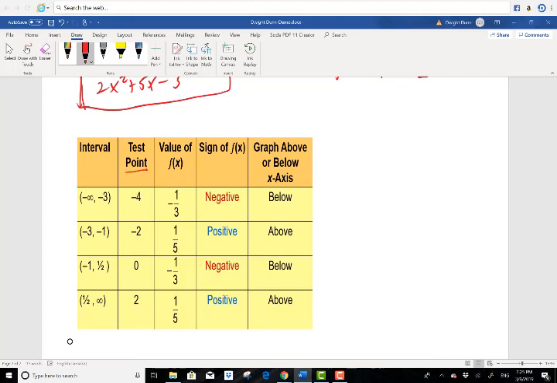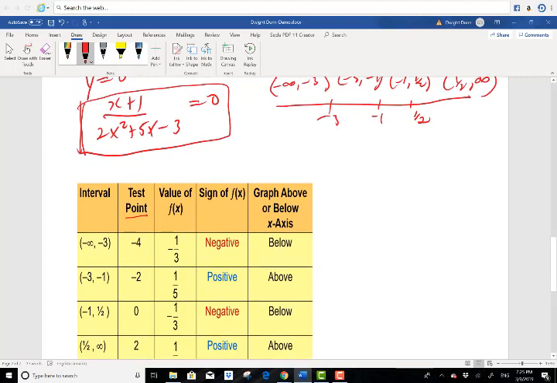So if we pick -4, plug this into the original expression, which is up here, we realize the value is going to be -1/3, suggesting that it's going to be negative, so it's going to be below the x-axis. If we select -2, we plug this into this function and work it out, we're going to get 1/5, so that's going to be positive.